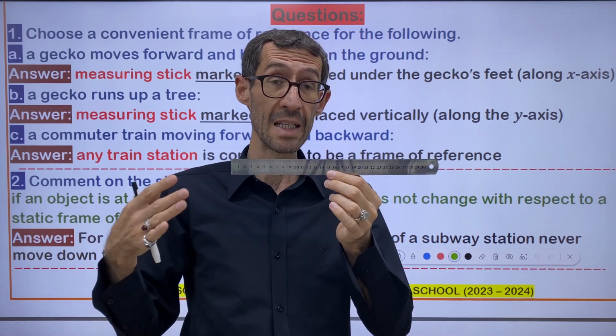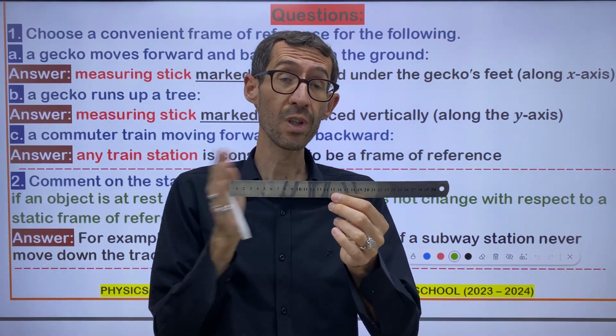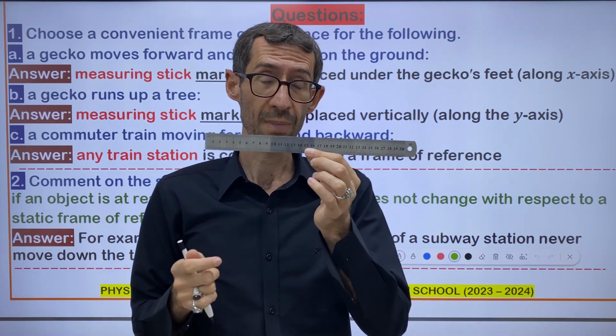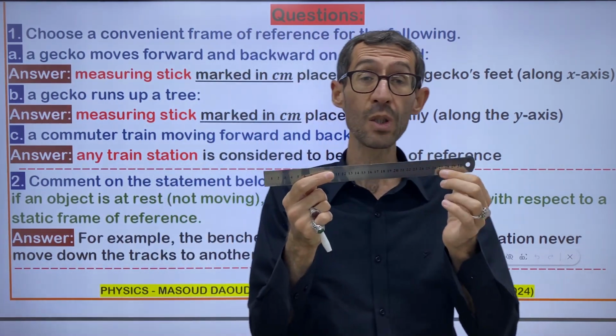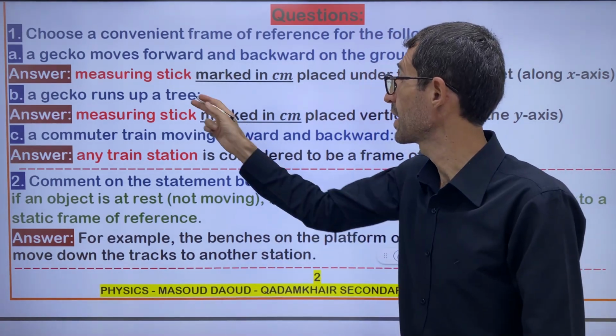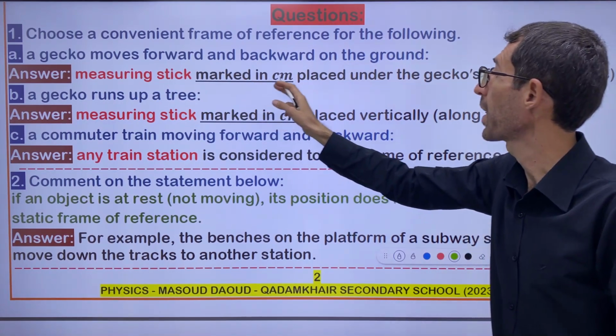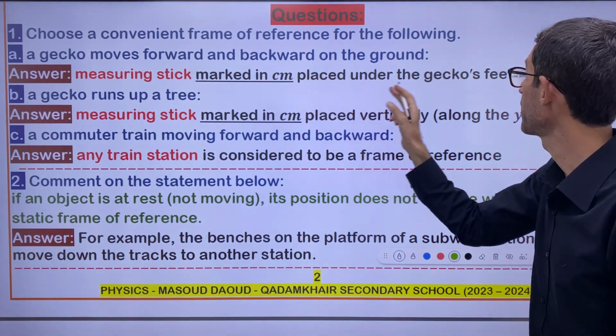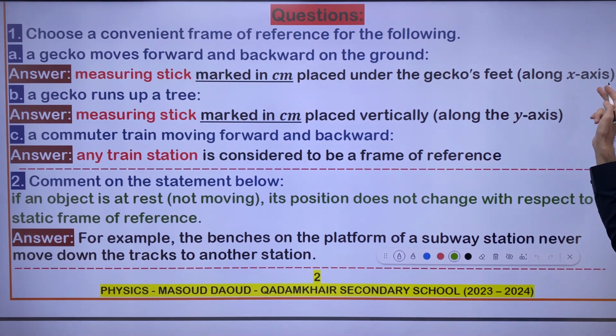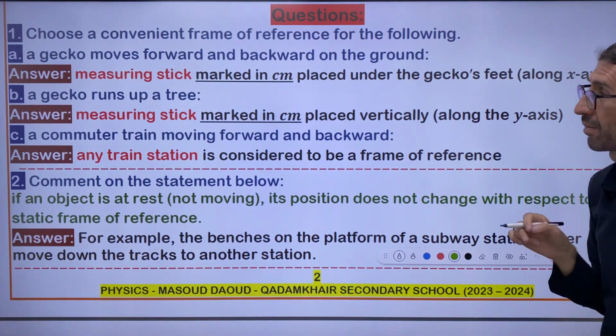Yes, because it says a gecko moves forward and backward on the ground. That's why you have to put it horizontally. So the answer is a measuring stick marked in centimeters placed under the gecko's feet along the x-axis.